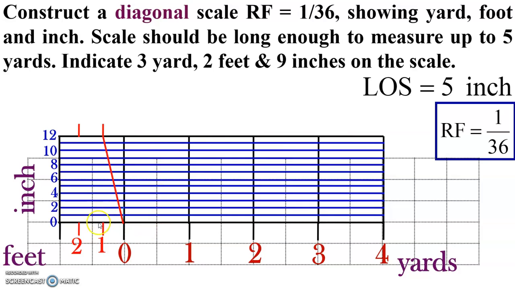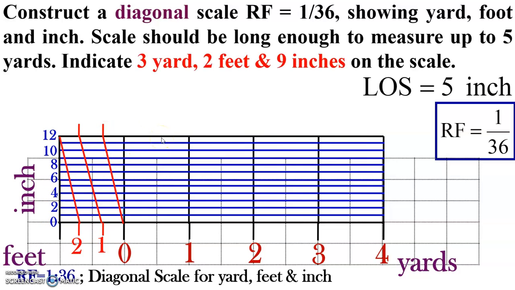Next is first division from the bottom, second division from the top, and it will be parallel to the previous inclined line. Similarly, second division from the bottom and the corner, there is the third division at the top. And this is nothing but the diagonal scale. And we have to write down here RF is equal to 1:36, diagonal scale for yard, feet and inch.